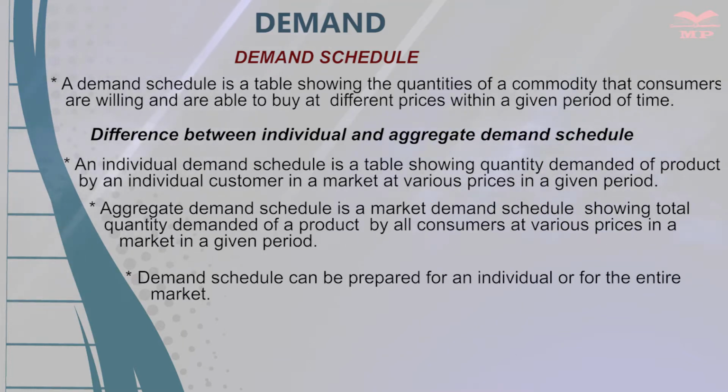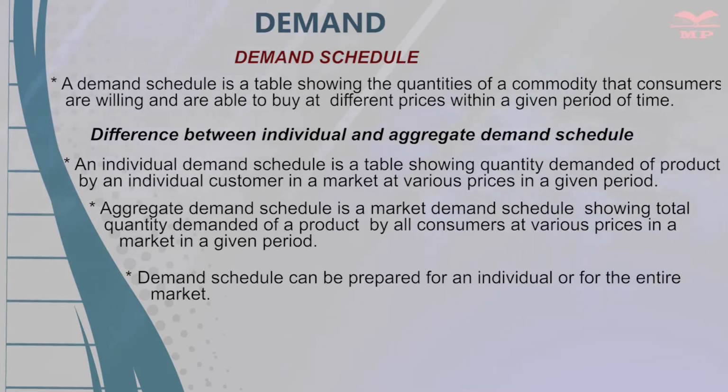So we are going to look at an illustration where the demand schedule for loaves of bread is demanded by Consolata. We have here a table of loaves of bread demanded by Consolata for a period of 1 week.